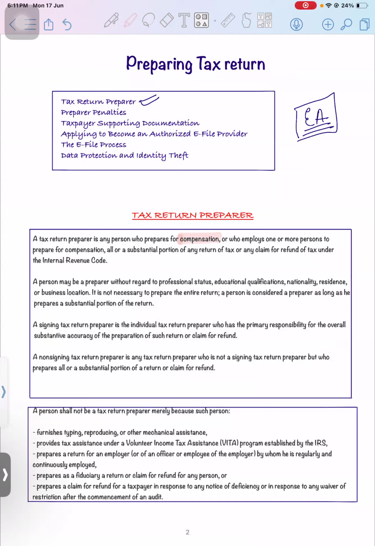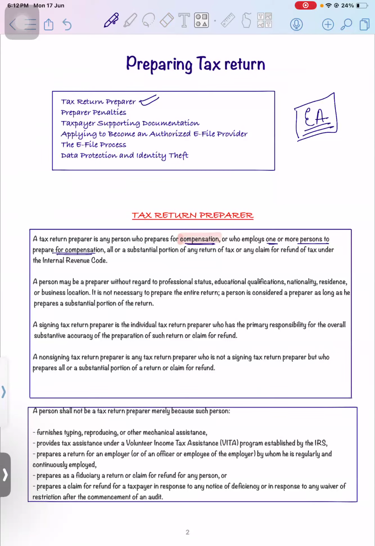If I am preparing the return free of cost, I will not be called a preparer. So the main word is, if a person is preparing the return for some compensation, or employing one or more persons to prepare for a compensation.